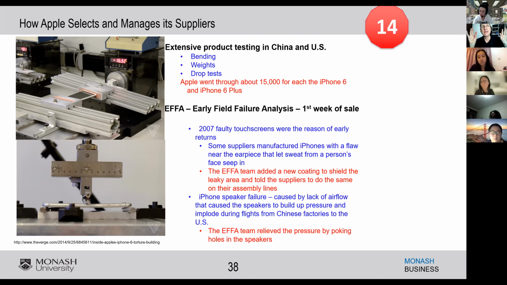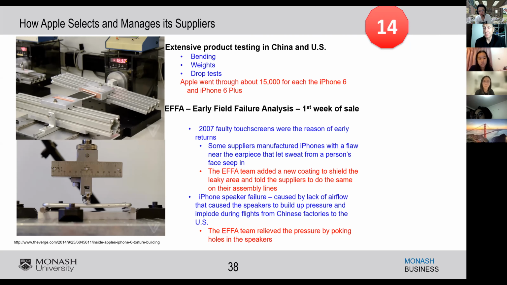The EFFA team, which are basically engineers, are buying and testing and finding out very, very quickly in the first week of any iPhone release, to make sure that they find problems before consumers find problems with that product.